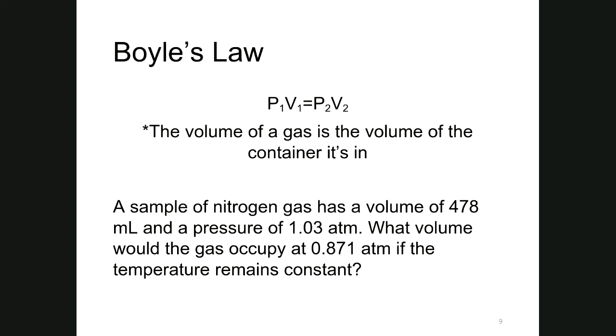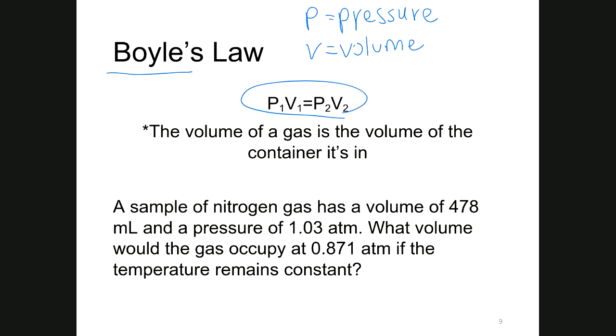So as we go through these different gases, you need to be familiar with the name of the law. You need to be familiar with the equation of the law, and you need to know the relationship between the quantities in the laws. So here for Boyle's law, we're looking at a relationship between P, which is pressure, and V, which is volume.